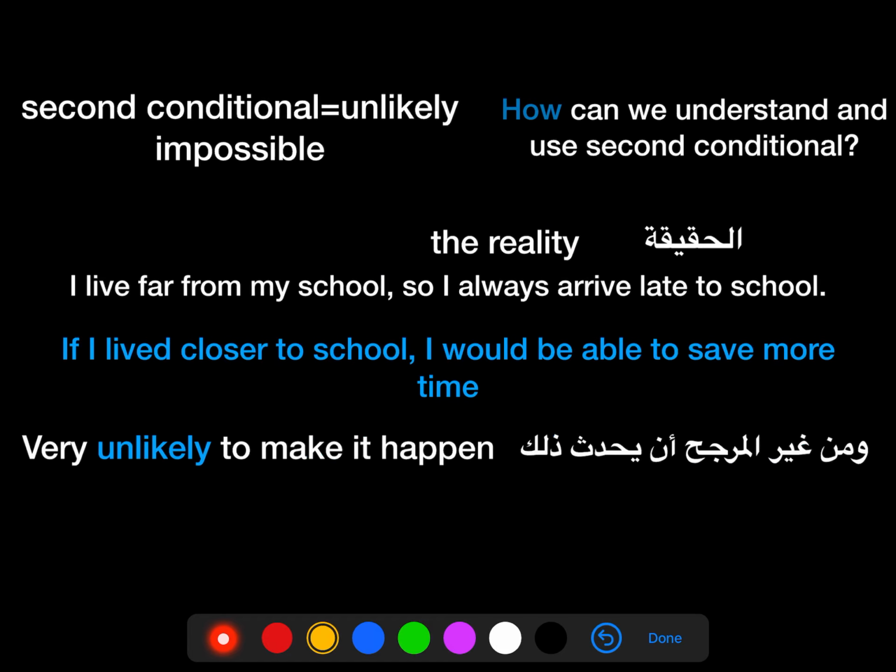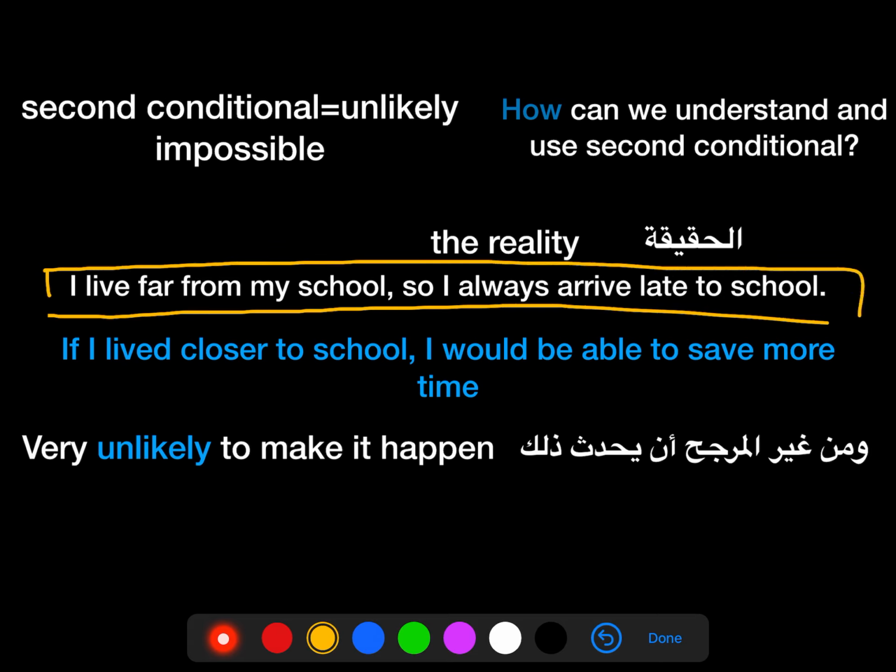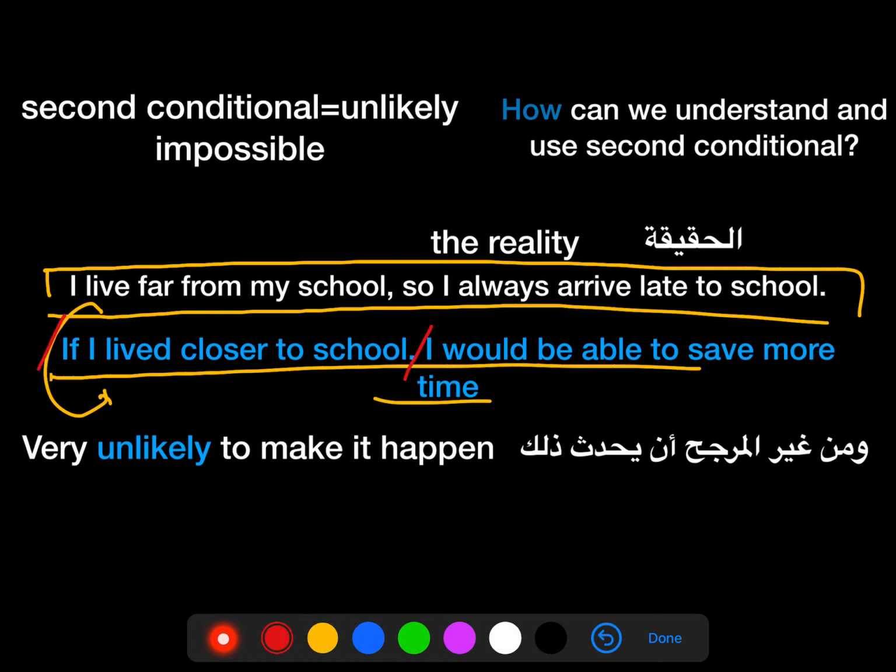So this is the reality, but it's completely in contrast with the reality. If I lived closer to school, which is very unlikely to happen, so imagine the unlikely situation in the future, I would be able to save more time.